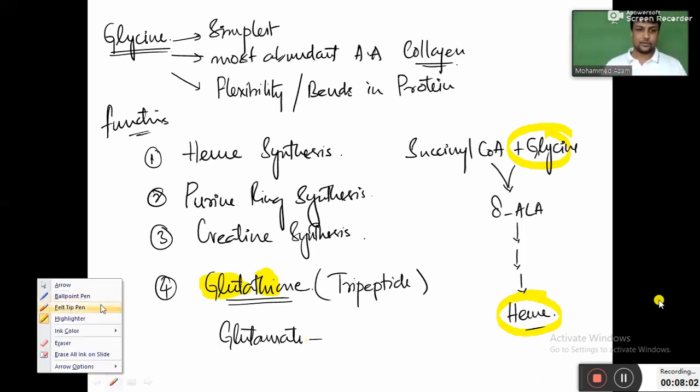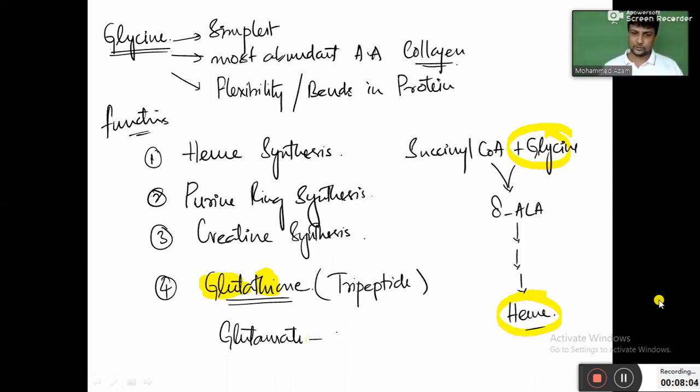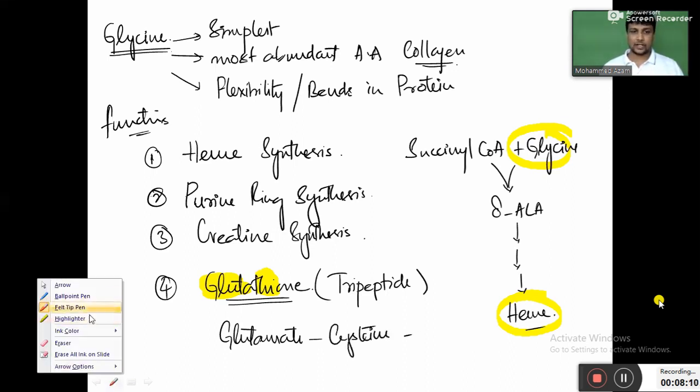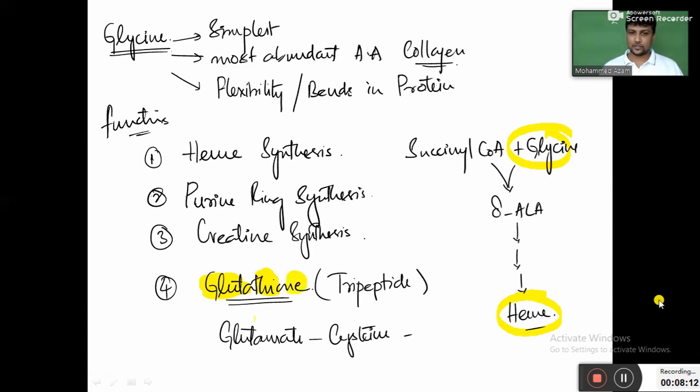Wherever you have sulfur, the word used will be thio. So the sulfur-containing amino acid is cysteine. And finally, the first amino acid, the simplest one, is glycine. I remember it something like this. So glutathione is glutamate, and thio means sulfur-containing cysteine, and glycine.